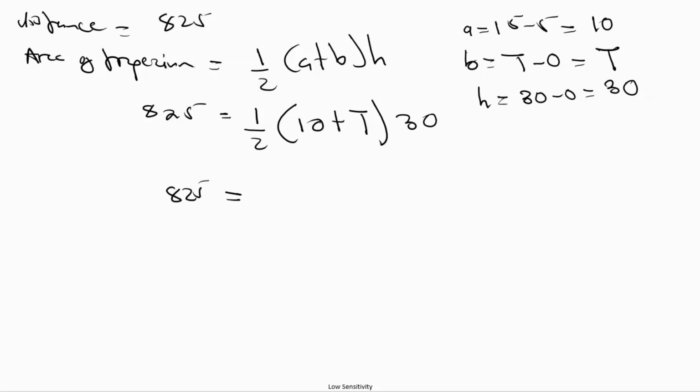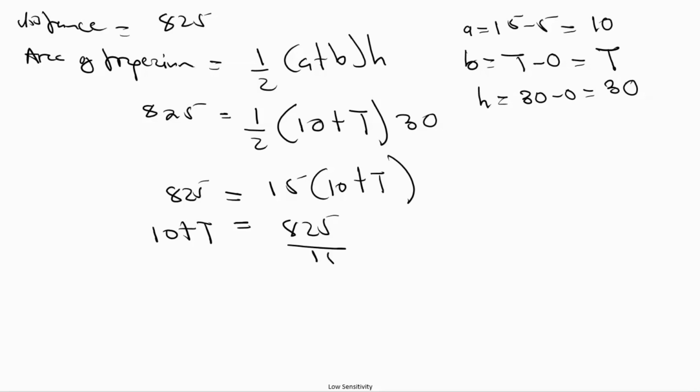So 825 is equal to 15 times (10 plus T). So we can say 10 plus T is equal to 825 divided by 15. You can use your calculator to calculate this, which is 55.